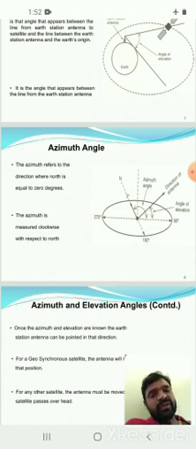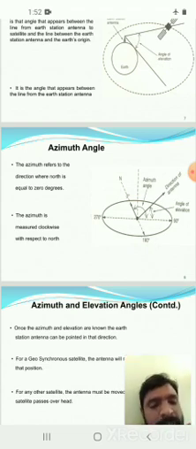So, north is equal to 0 degrees when the angle is measured in the clockwise direction with respect to north. Then the satellite angle to the earth station is measured as the azimuthal angle.